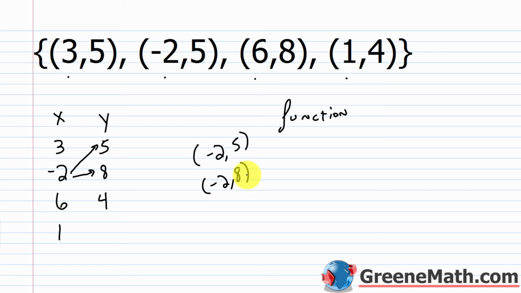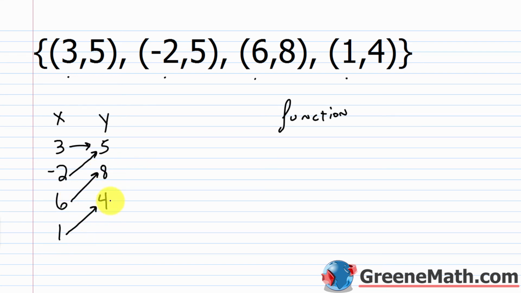Well, that's an issue because I'd say, hey, what is the value of y given that x is negative 2? Well, it could be 5, but it also could be 8. There's no clear association between your x value of negative 2 and some y value. It's linked up to two different ones. So that's where we have a problem. So again, this is a function because for each x, we have one y. 3 corresponds to 5, negative 2 corresponds to 5, 6 corresponds to 8, and 1 corresponds to 4.